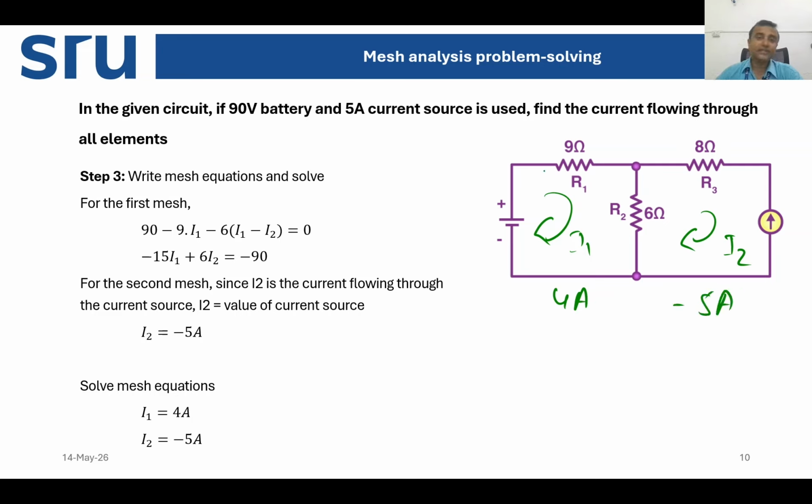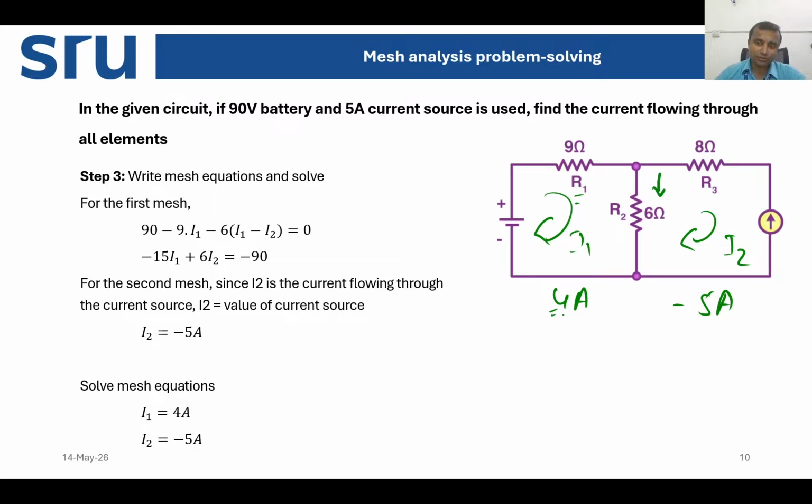Now we need to find the current through each element. The current through R1 is 4 ampere, the current through the 8 ohm is minus 5 ampere. But how do we write the current through the 6 ohm? I1 is from top to bottom and I2 is from down to top. The 4 ampere current is going from top to bottom through the 6 ohm.